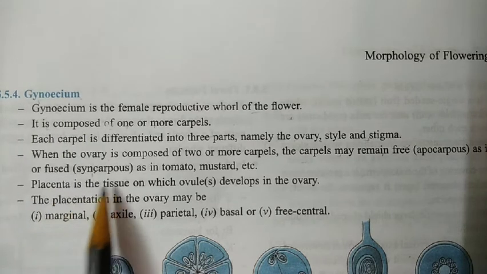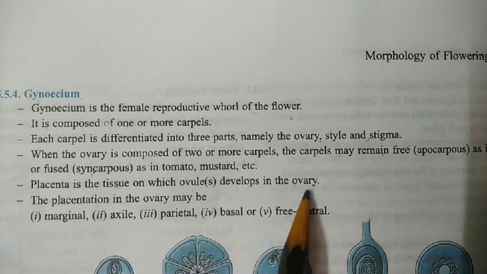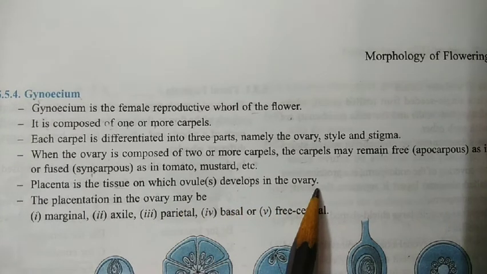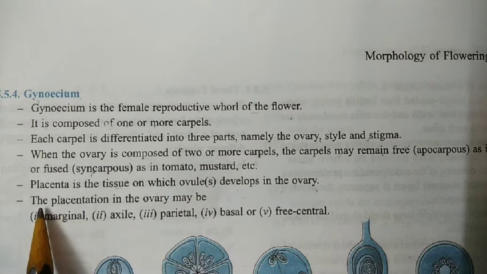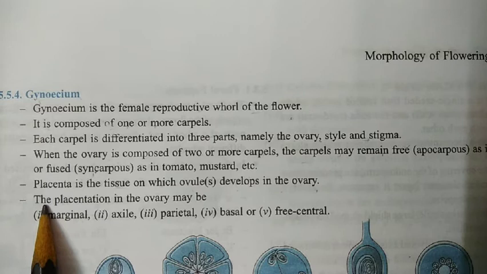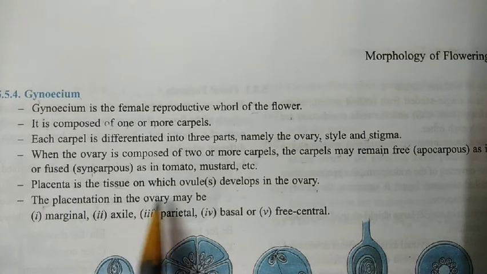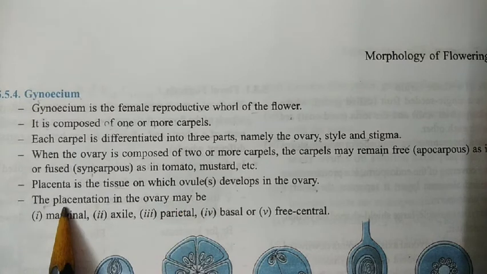Placenta is the tissue on which ovule develops in the ovary. And the arrangement of ovules in the ovary is called placentation.